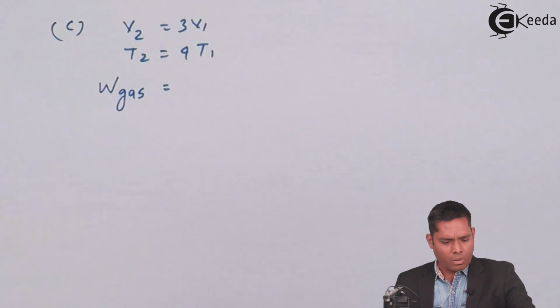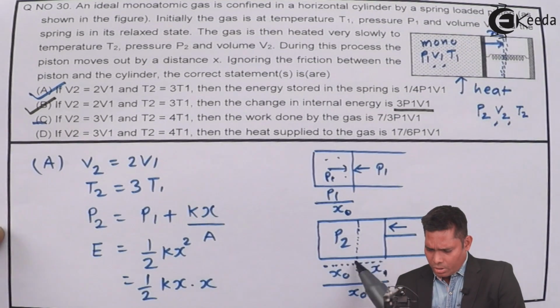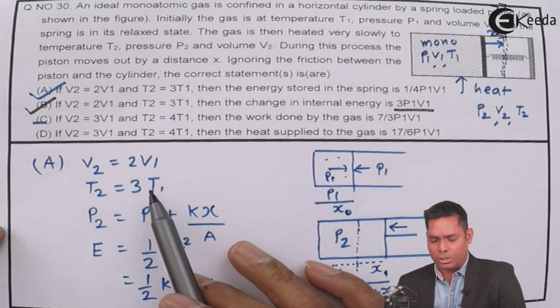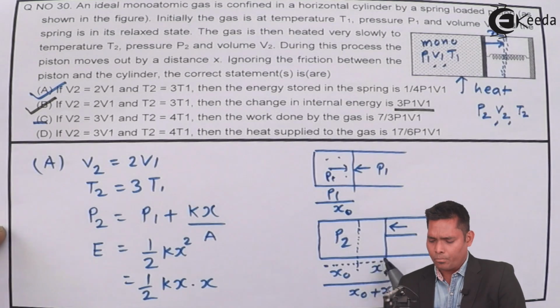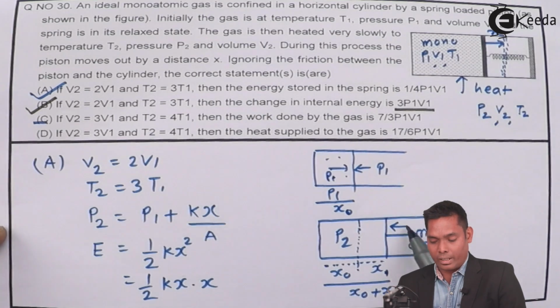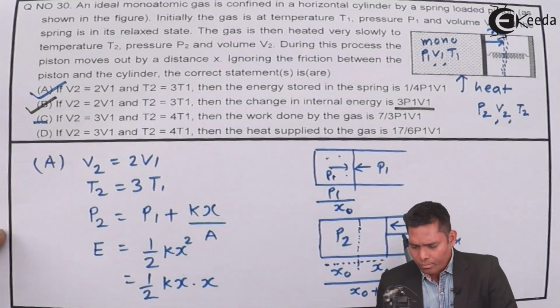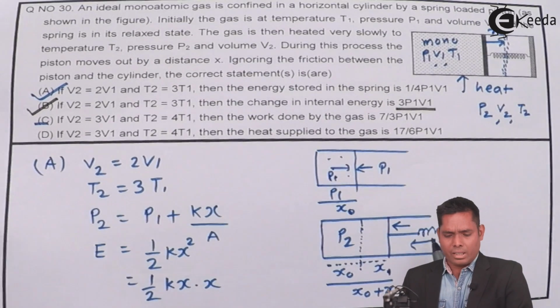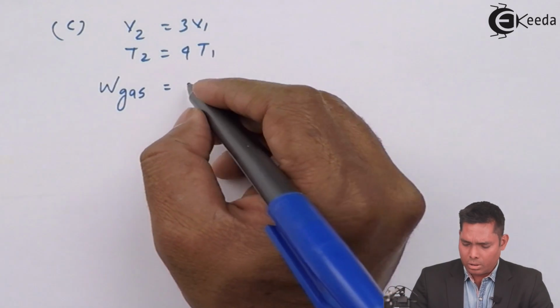Whatever the extension is, because the pressure, volume and temperature are changing, there is a displacement of the piston. So there is a spring which is compressing it, and also the outside pressure. Against these two there is a movement of this piston. So work done has to be negative.